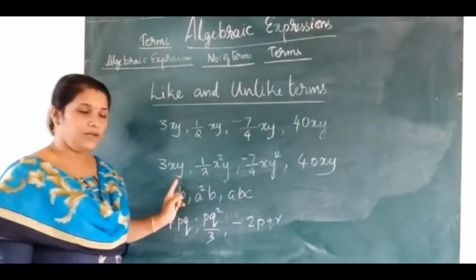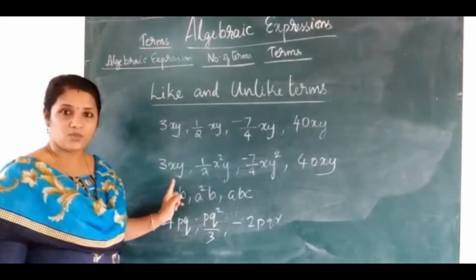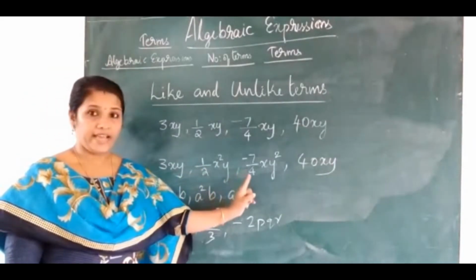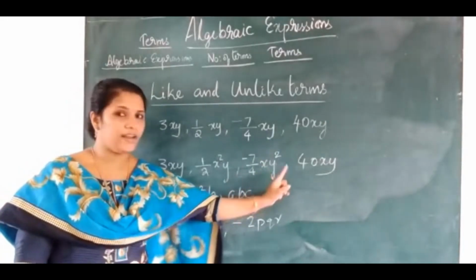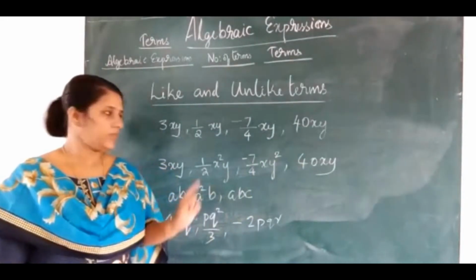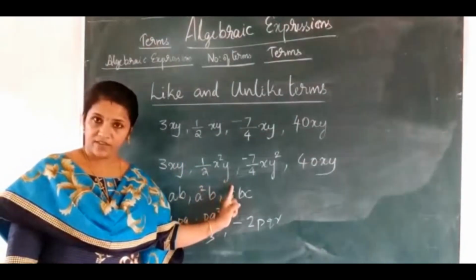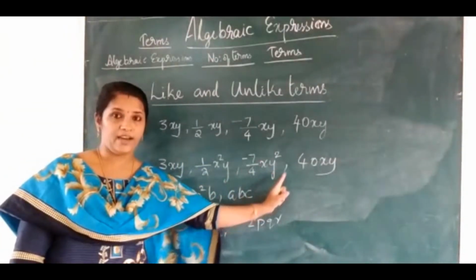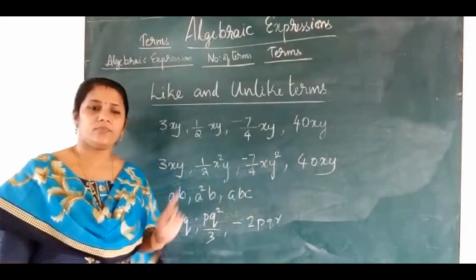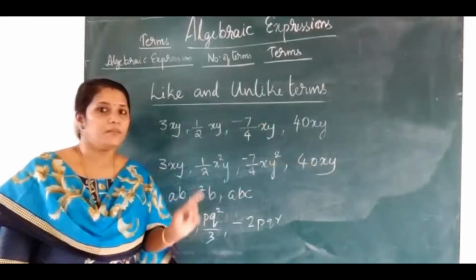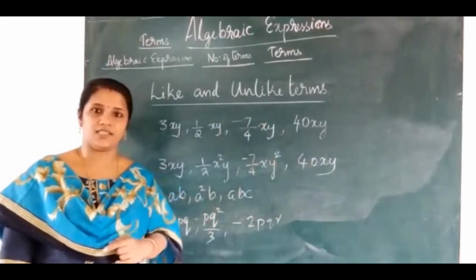The second example: again 3xy, half x square y, negative 4xy square and 40xy. Look, here it is xy, x square y, xy square, again xy. 3xy and 40xy are like. But what about the others?